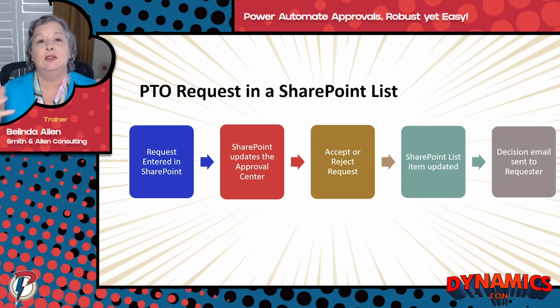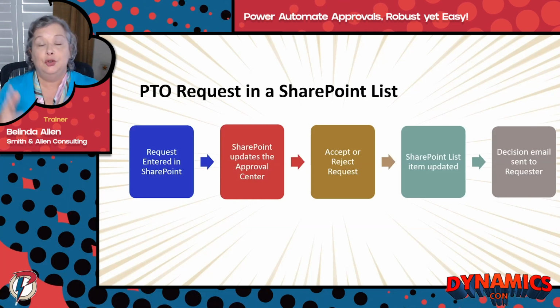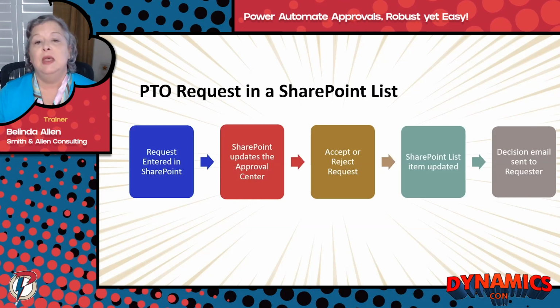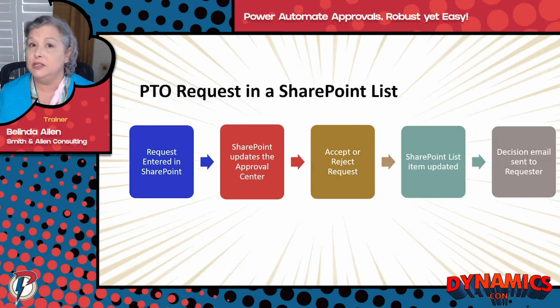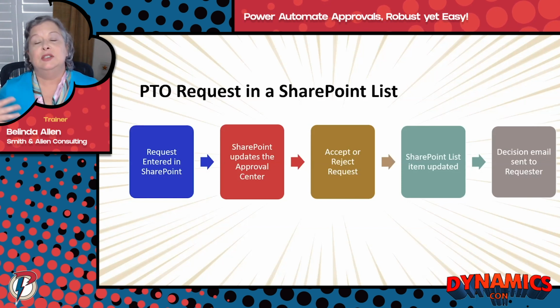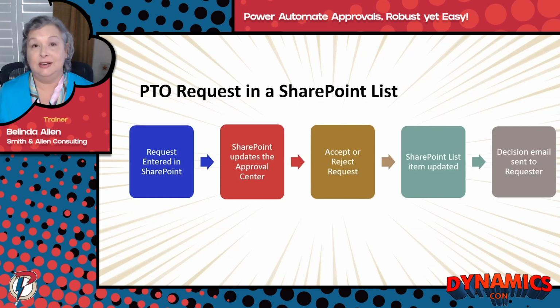So I'm going to send this approval information to the requester's supervisor. The supervisor is then going to accept it or reject it. At that point, automatically, the Sharepoint list gets updated with the acceptance or the rejection, and the requester gets a notification of it. So that's what we're going to build in our session today.